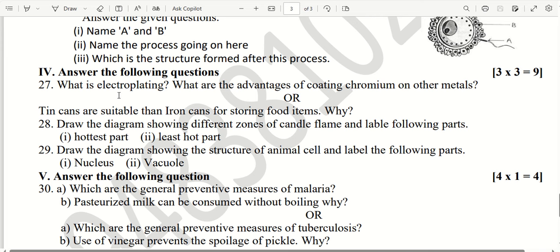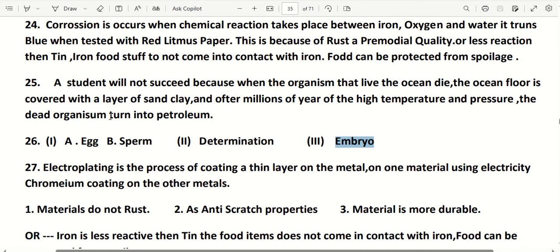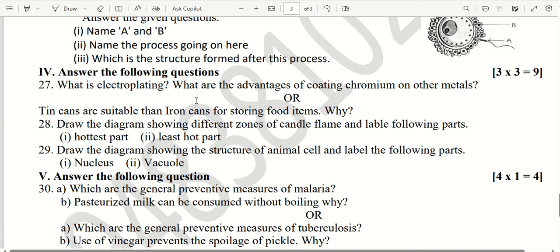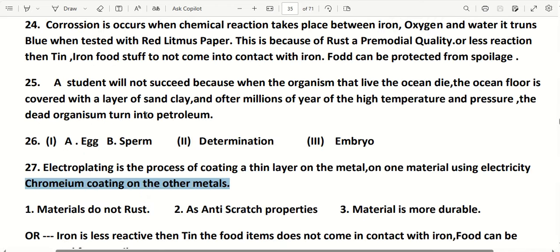Answer the following question. What is electroplating? What are the advantages of coating chromium on other metals? Electroplating is a process of coating a thin layer of one metal on another metal using electricity. Why are tin cans suitable rather than iron cans for storing food items?